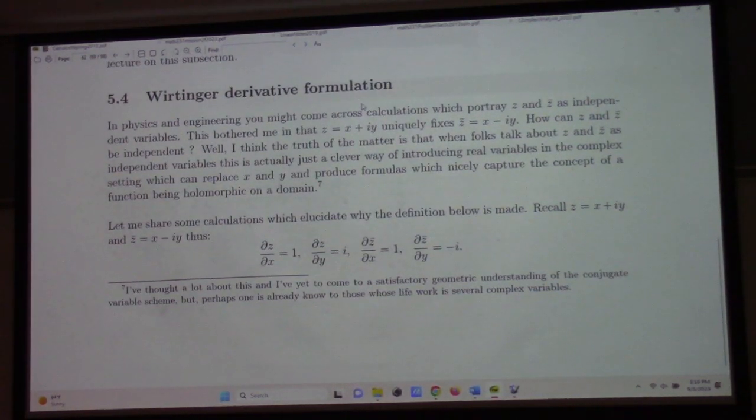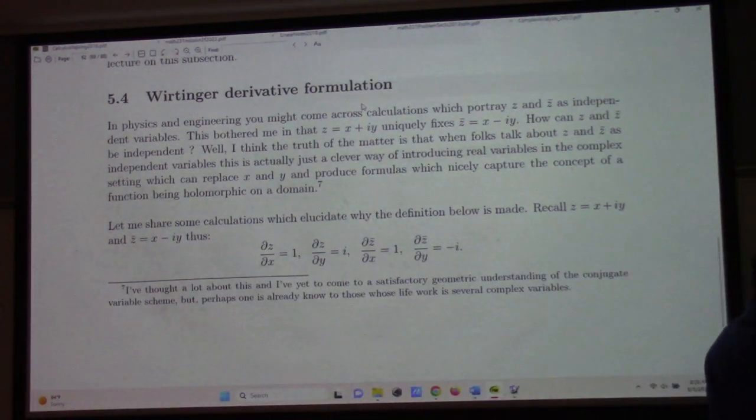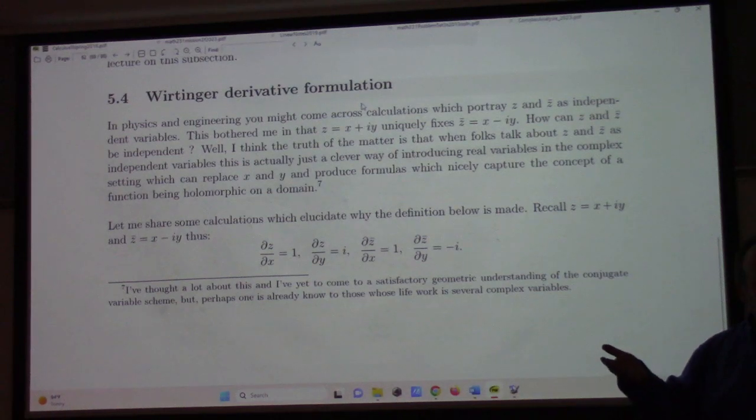The Wirtinger derivative formulation is something nefarious. It's bothered me. You talk to physicists and they say things like, take z and z bar as independent variables. Does this bother you like it bothers me?